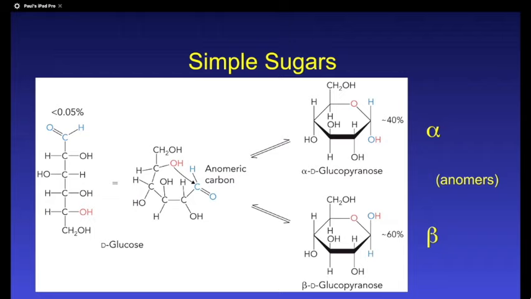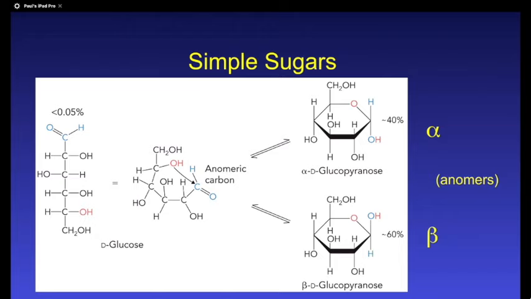When we take a look at that sugar, I want to point out one more thing. All right? Here's D-glucose. It can form the cyclic form, and I have 2 versions. One is called the alpha, and one is called the beta. Okay? If I have 2-handed molecules, it's called an enantiomer, right? You can have diastereomers. Okay?